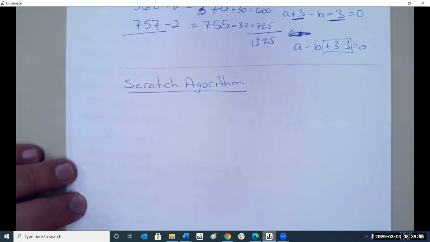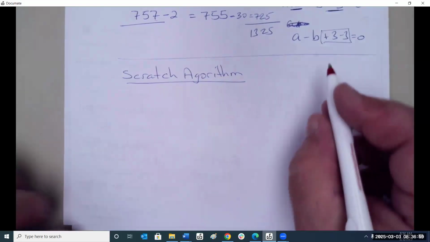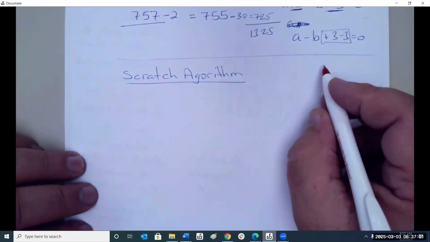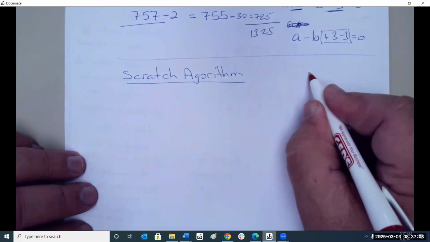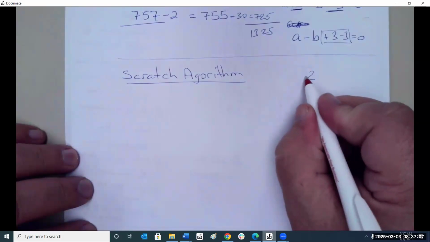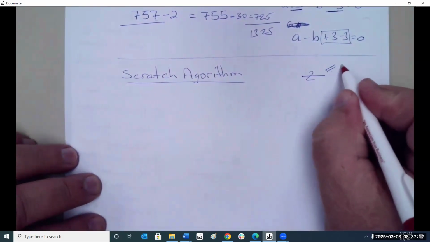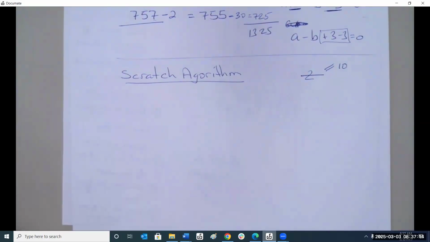The scratch algorithm. What the scratch algorithm says is, the reason we call it that, let's say I have a number 2. And if I put a scratch through it, that scratch represents a 10.